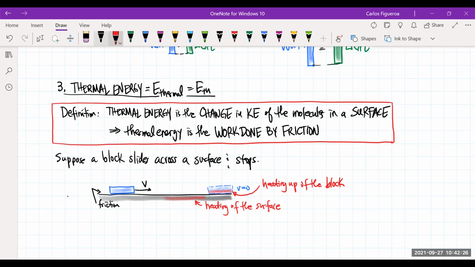So when I look at the heating up in this situation, it implies there's an increase in molecular motion, an increase in the kinetic energy of molecules.